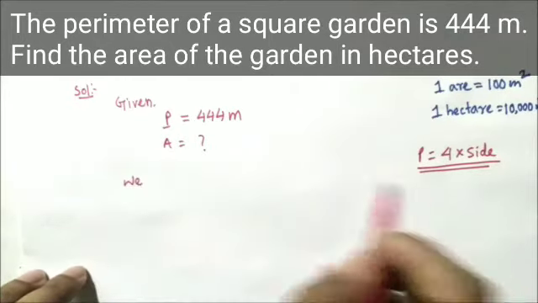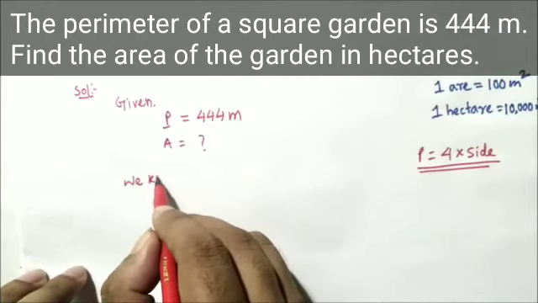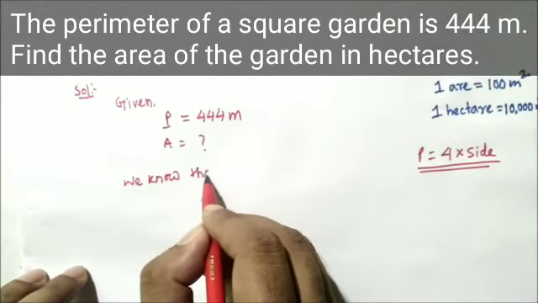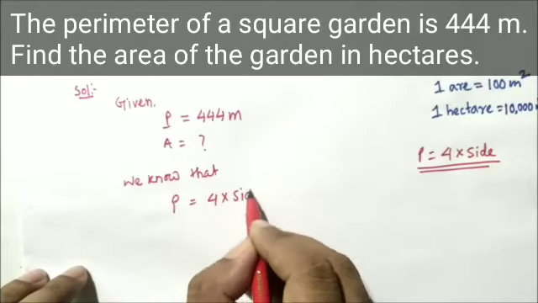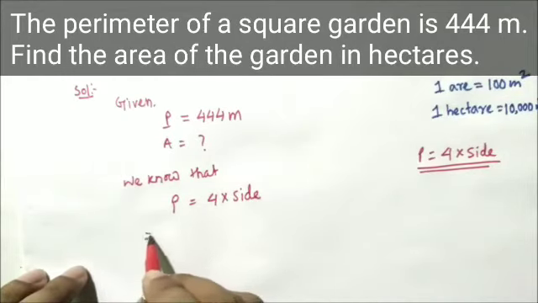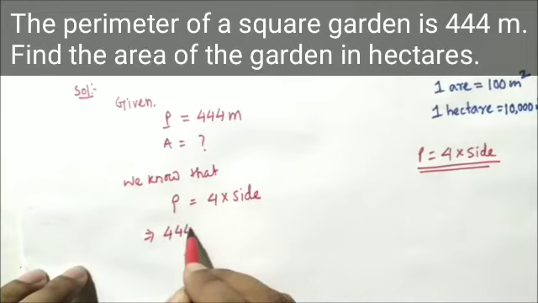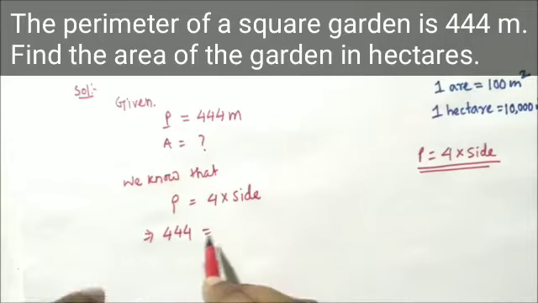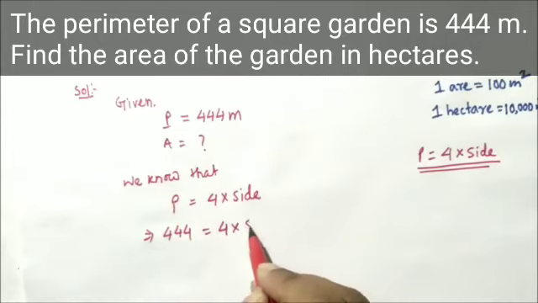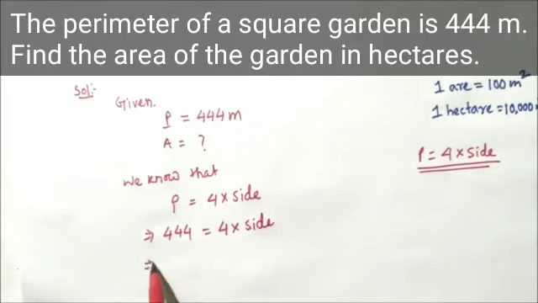So we know that perimeter is equal to 4 into side. So in place of P, can we write 444? But remember, my dear student, no need to write the unit here, just ignore it. 4 into side. We do not know the side, so we will find the side first.